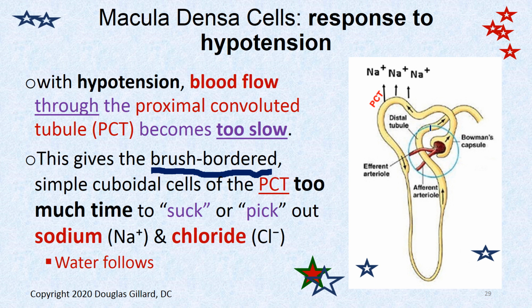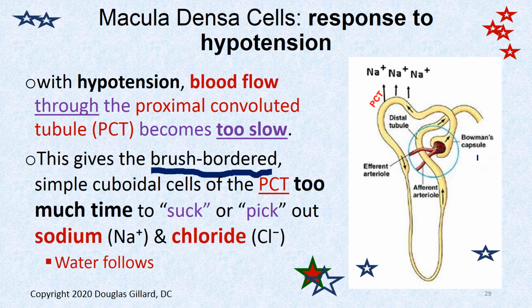Their job is to return that back into the blood. For whatever reason, the glomerular capillaries are like leaky sieves. They dump all sorts of stuff into this filtrate, and it's not good. It needs to be immediately sucked back out. And so all these cells do that. They suck and pick out sodium and chloride, and then water will follow.